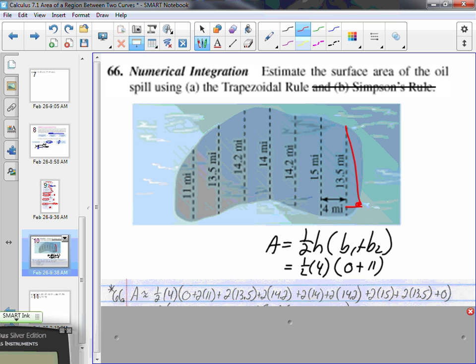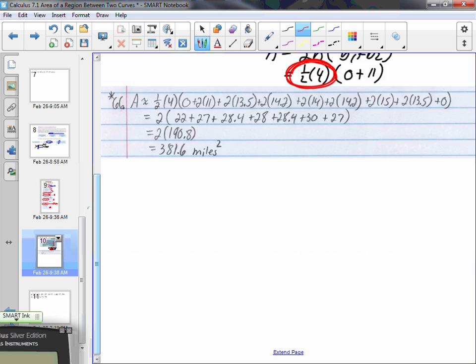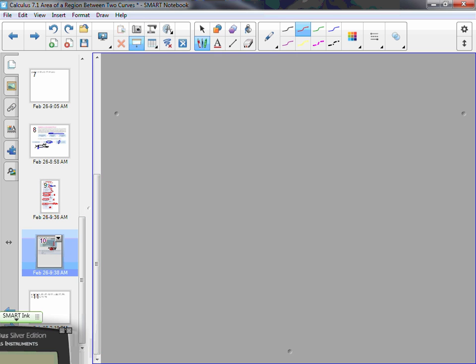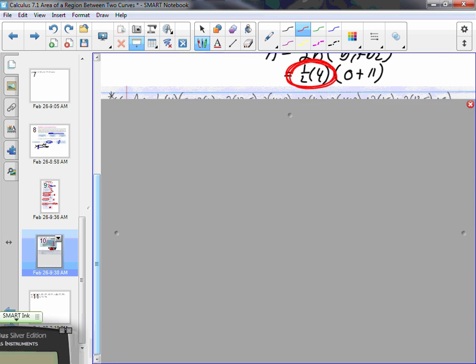So in every single trapezoid, that's 1/2 times the height, isn't it? So factor out 1/2 times the height. The very first little yellow base was a 0, so I put 0.